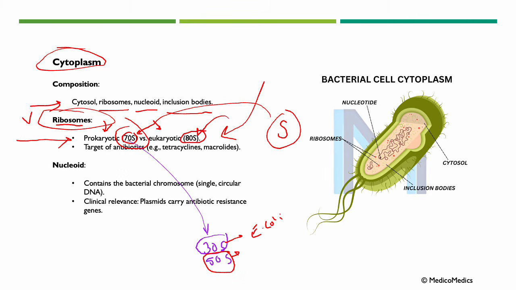So this is very directly important and relevant to the whole composition and structure of the bacteria. The ribosomes responsible for protein synthesis in prokaryotic cells, so bacteria, are 70 Svedberg units. It is then divided into 30S and 50S, and these mean something.